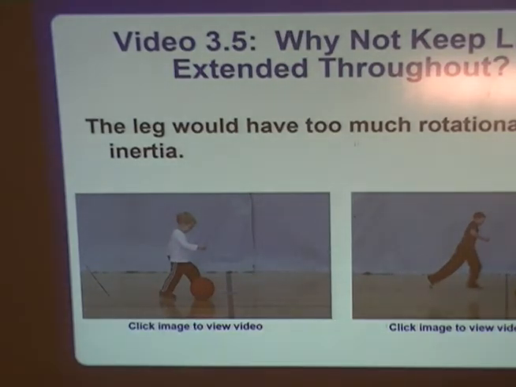So what the biomechanist would say there is that it would create way too many problems mechanically to keep the leg straight through the whole swing. It would use a lot more energy.